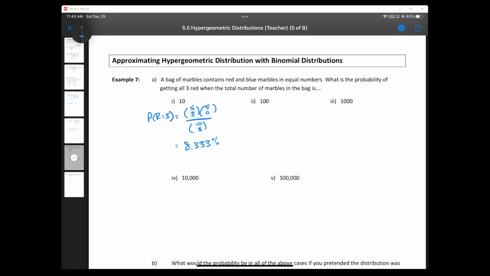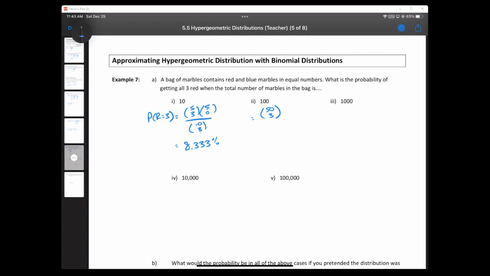Okay, the next one. If you're okay with this, I think I'm going to skip some of the notation just because it takes up a fair bit of space and I want to do this in very little space. I'm not going to write out the probability red equals 3 each time because that's the same for all of these. So in this case, instead of 5 red choose 3, 5 blue choose 0, I'm going to do 50 red choose 3.